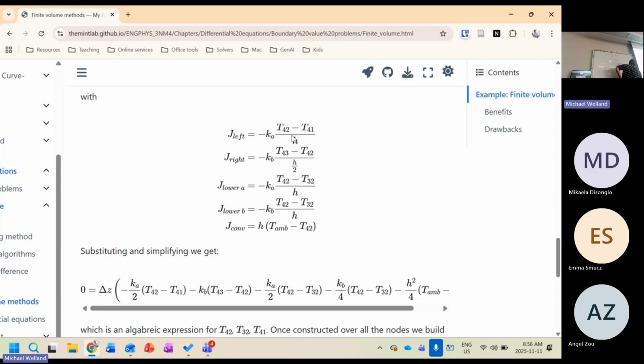So this is just going to be minus K times T final minus T initial over your step size, which is H, right? So here it's literally just the 4,2 node minus the 3,2 node divided by the space between them. So it's a super simple approximation for that gradient. Yeah, exactly.